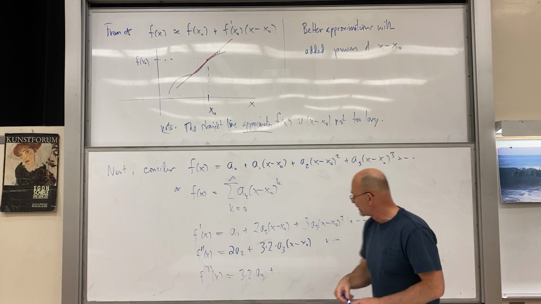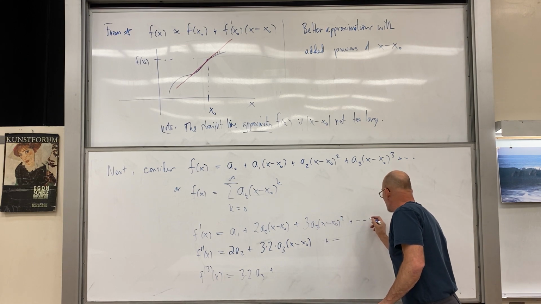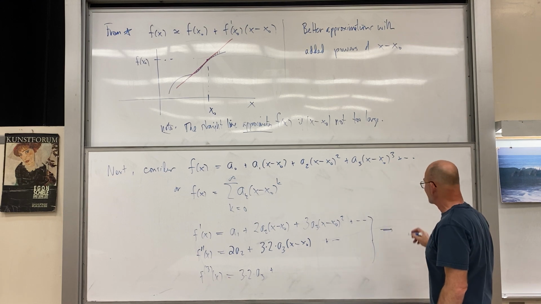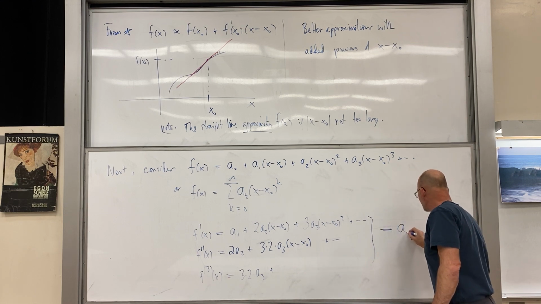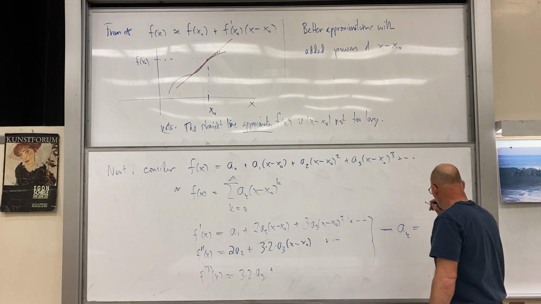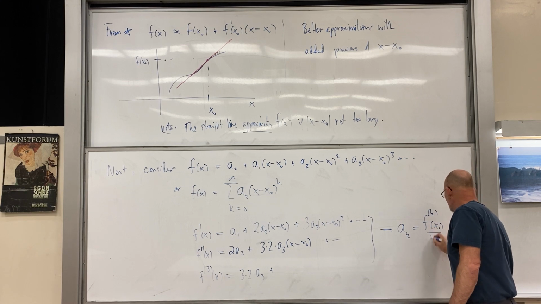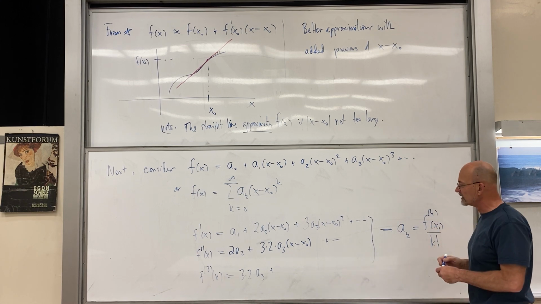So from this, we see that a sub k is equal to f kth derivative of x0 divided by k factorial.